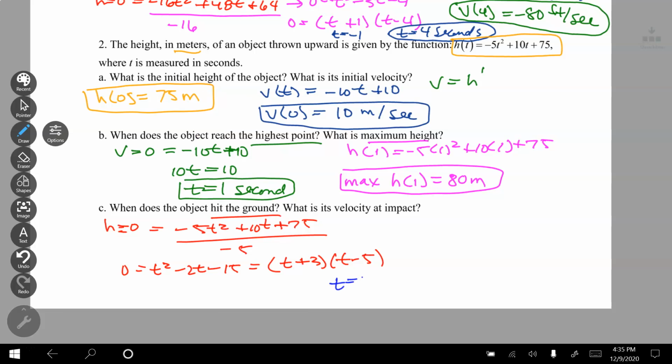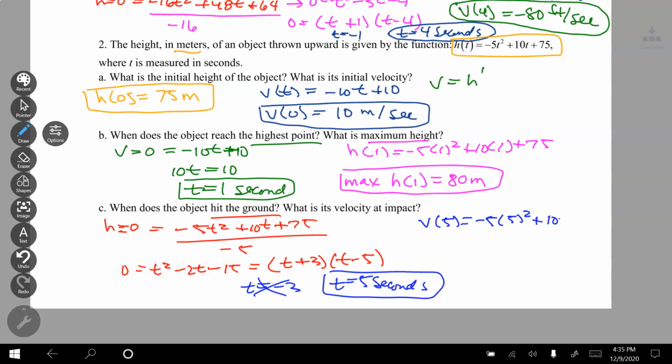I get t equals 5 seconds. Obviously t equals negative 3 cannot be done. And the velocity at 5 seconds is going to be negative 5 times 5 squared plus 10 times 5 plus 75. And my velocity at 5 seconds is equal to negative 40 meters per second.